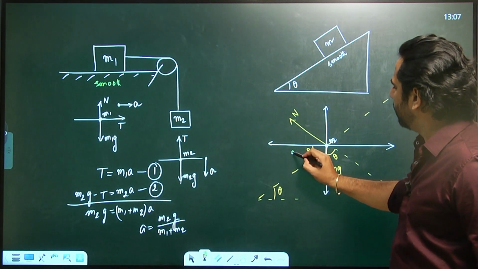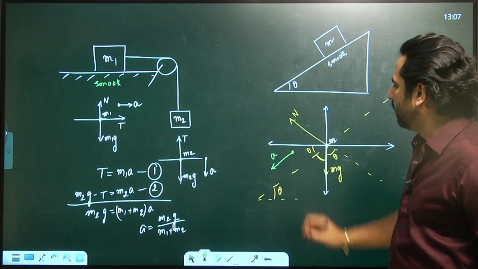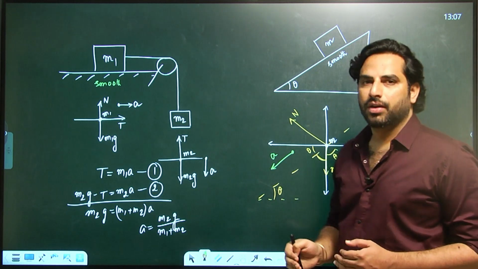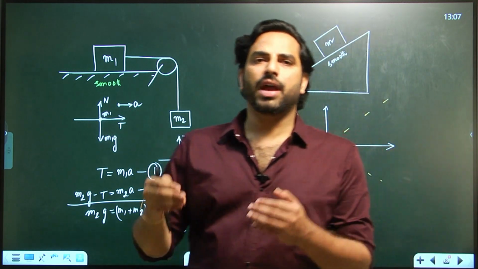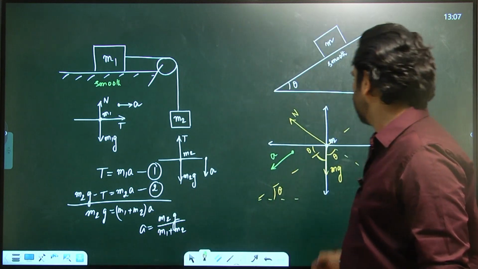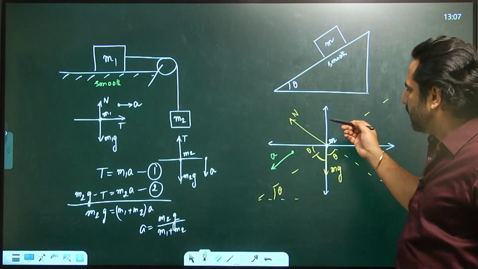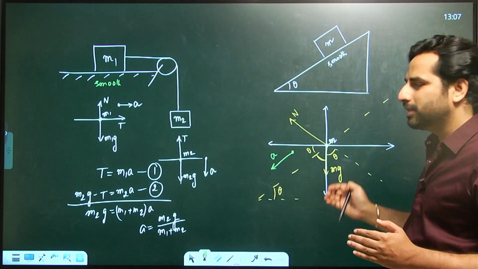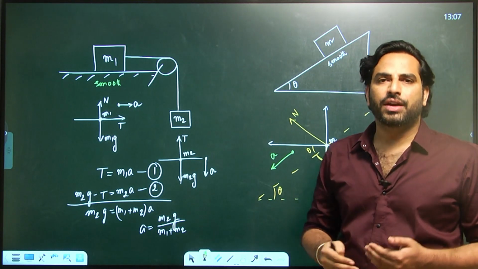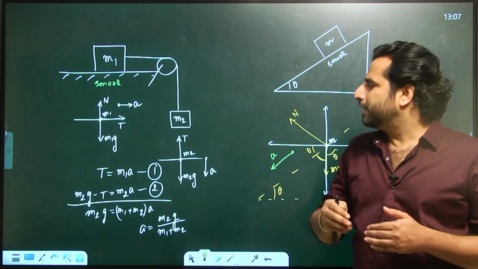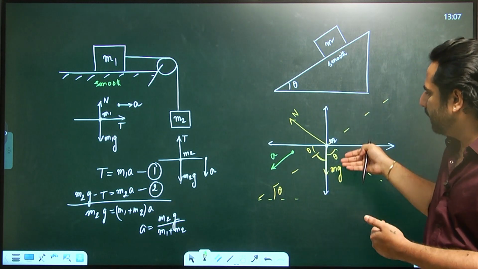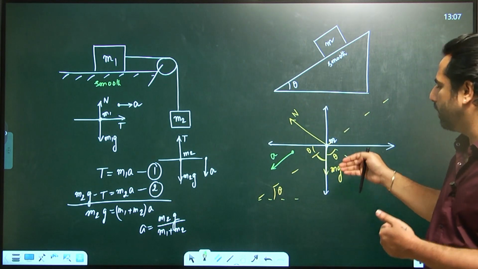Now the acceleration of the block is down the plane. Coming to step 4 now: resolve all the forces along and perpendicular to the line of acceleration. Most students are confused when they draw a free body diagram about which force to resolve, whether in this particular case I should resolve the normal force or mg.